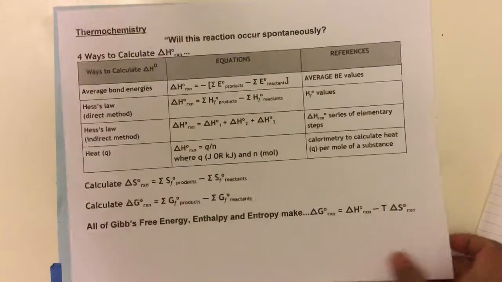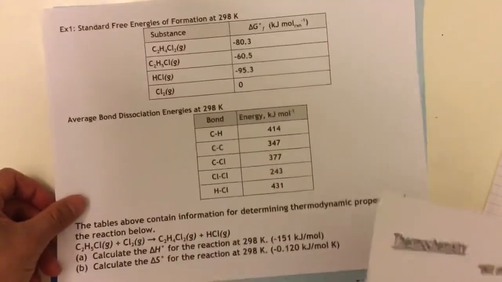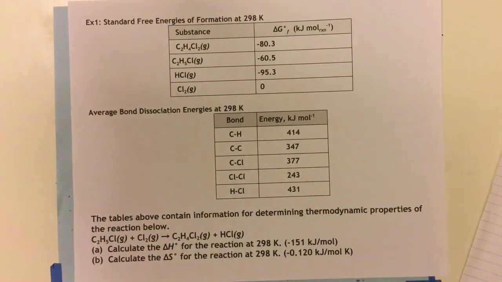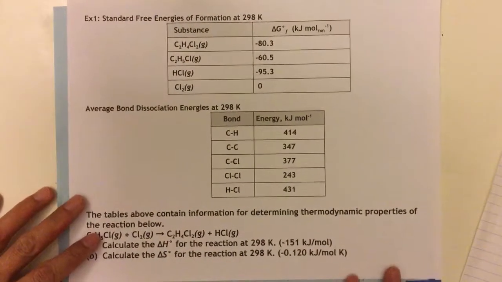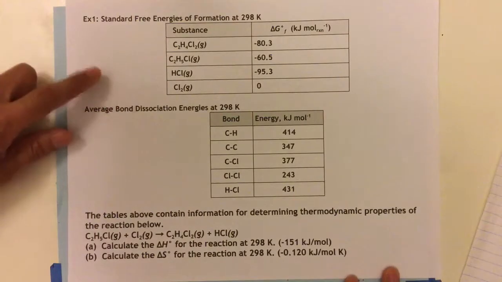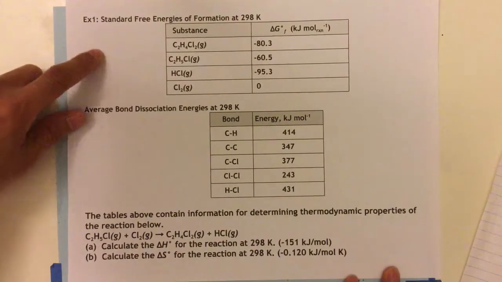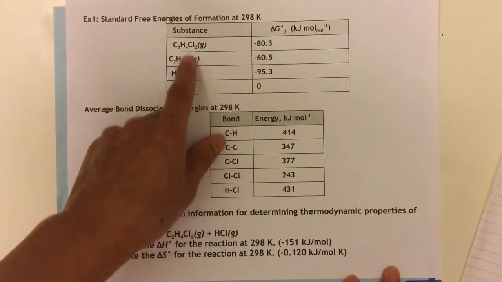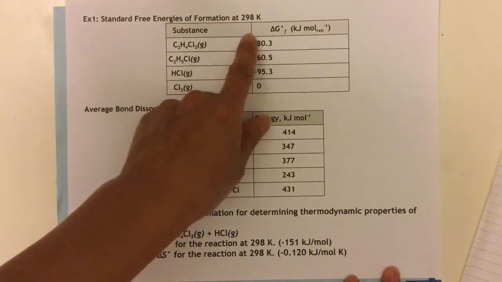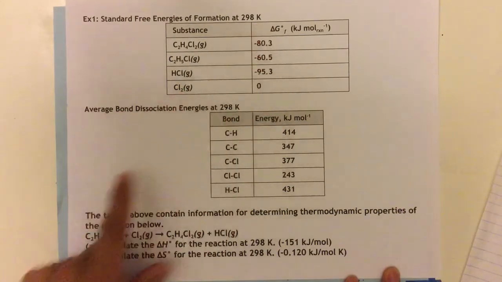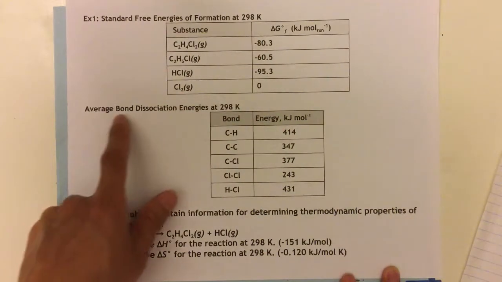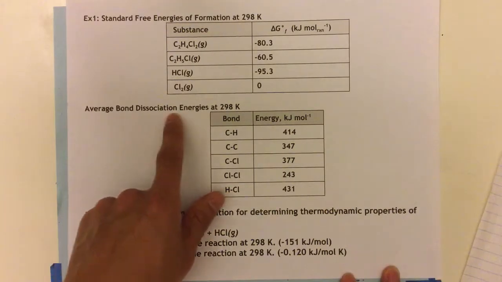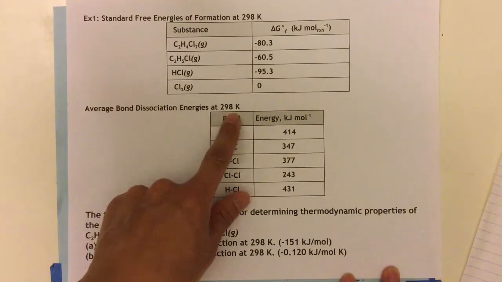Now, these problems can be pretty intricate. You never know exactly; you have to work it out depending on what you're given. So if you look at this, you're given two tables. One table is the standard free energies of formation of different substances at 298 Kelvin. The second one is average bond dissociation energies at 298 Kelvin.